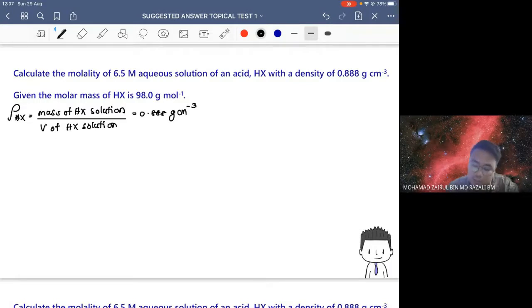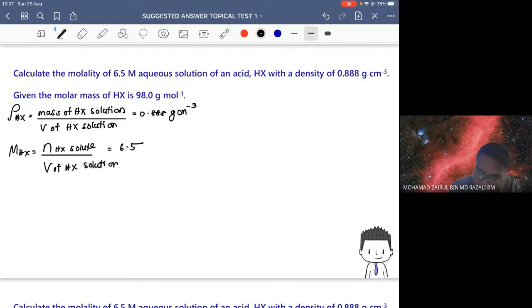Okay, and then dia bagi molarity. So the molarity of HX equal to mole HX solute divided by the volume of HX solution equals to 6.5 molar.